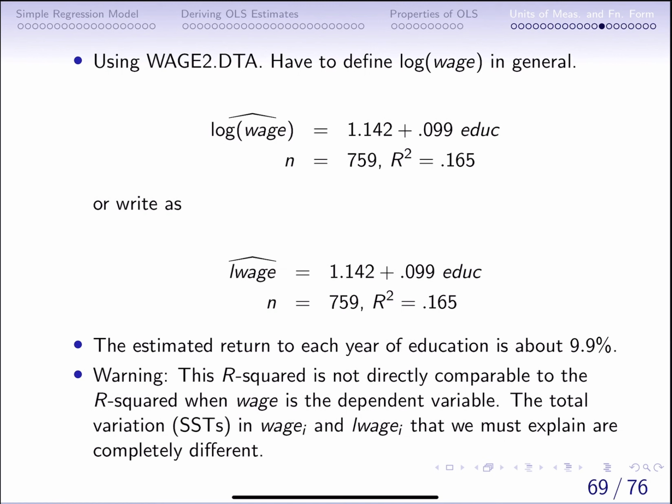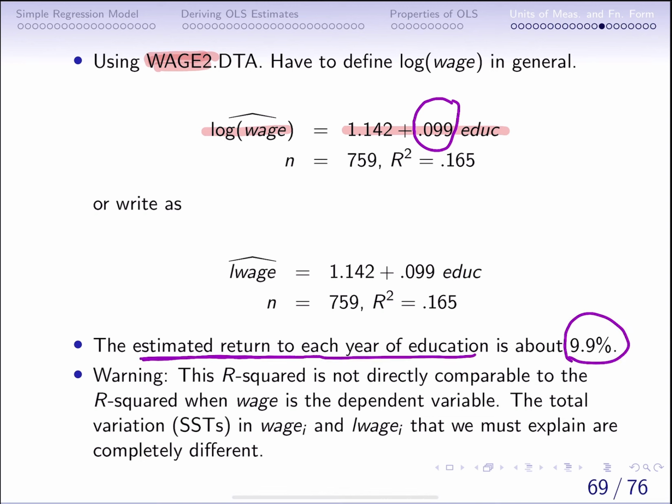Okay, so here when we estimate the equation, you can also do this using wage 2 data. It's just called wage 2 in your package. Log of wage equals this, right? And so we want to interpret what this coefficient means. Here we can say that the estimated return to each year of education is about 9.9%.